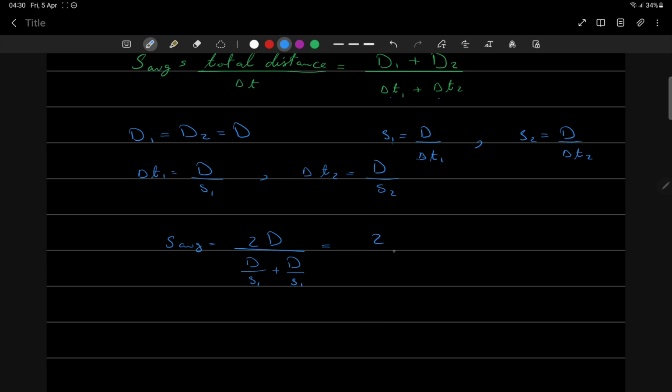Now just by dividing everything by distance, 2d by d equals 2, d by d equals 1 over the first speed, and then 1 over the second speed, which equals 2 divided by, now the first speed is 40 kilometers per hour, the second speed is 60 kilometers per hour.